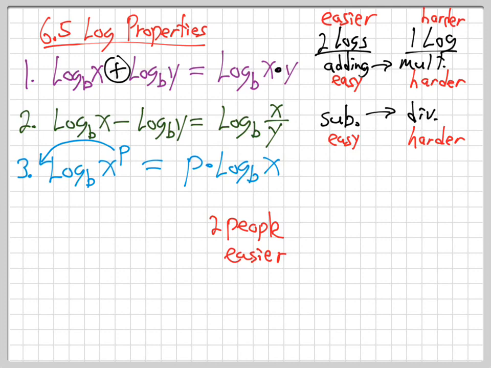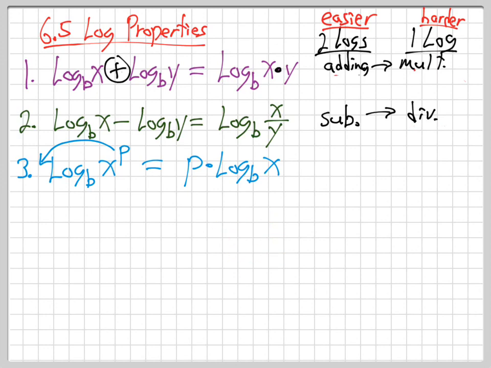So the easy operation is always for the 2 logs, and the harder operation is always for the 1 log. A job is easier for 2 people, harder for 1 person. So that's an easy way to help you remember. And then down here, this just means power goes down to the front.